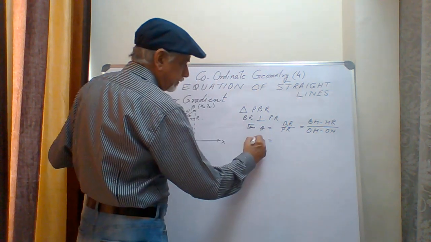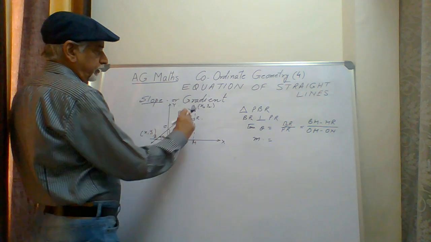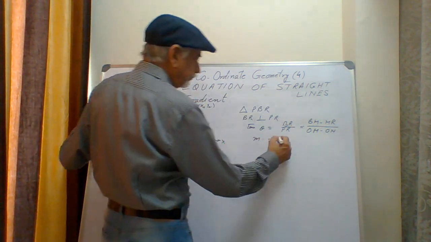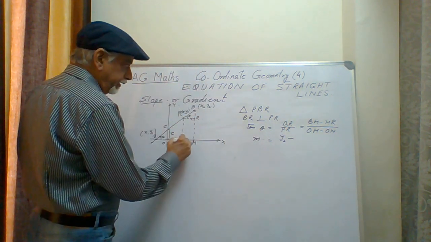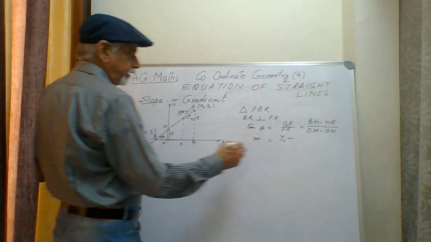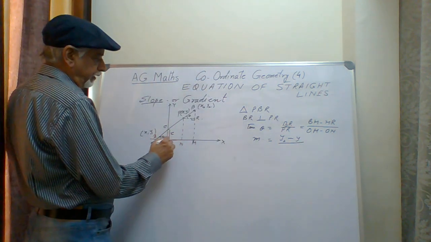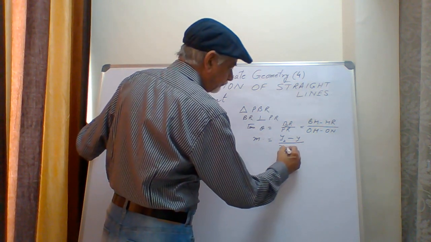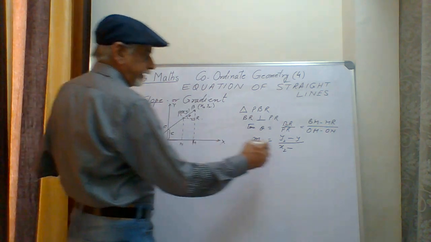Tan theta we represent as m, as we initially told you, and this BM is nothing but y2, MR is equal to PN, and PN is equal to y, and then OM is equal to x2 minus ON, ON is equal to x.